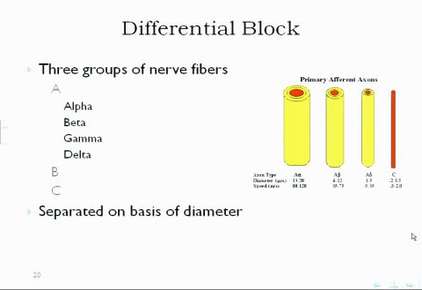A delta is something that you should know. That's your motor. Beta, and then C cells. And the C-type fibers are the thinnest, and the B fibers are in between the A and the C. It's basically separated based on diameter. This is a typical example of what you would see. If you actually look at it under microscopy, you can figure out which one you're looking at.